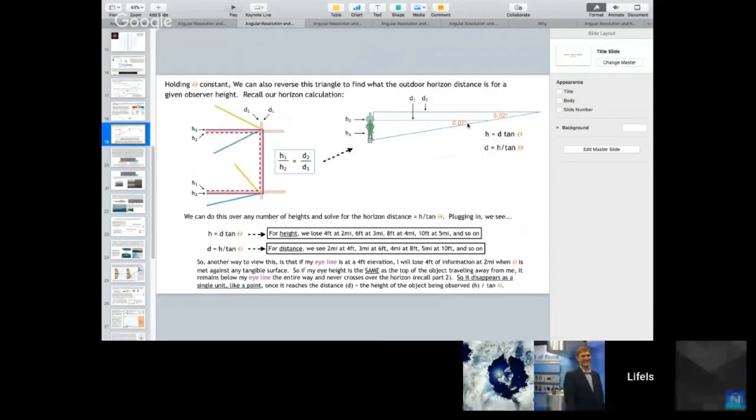So if I go lower, if I go from H2 down to H1, I see less far. My horizon has been brought inward, assuming I'm seeing with the same arc minute of angular resolution. That's what this formula is saying. Okay. I understand that. Do you understand that, Nate? Yeah, it's actually very simple.